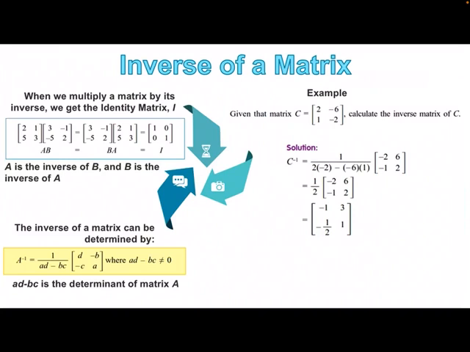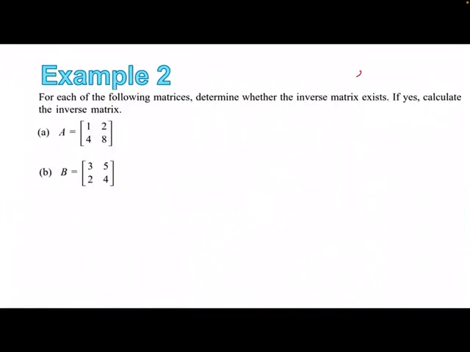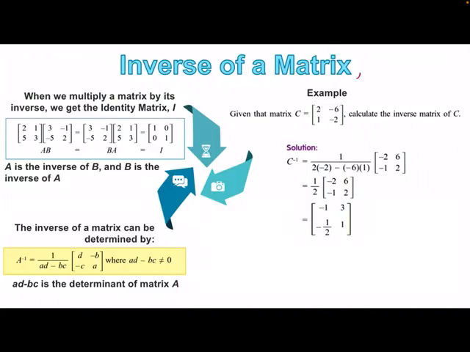Next, the inverse of a matrix can be determined by this formula, the one in the yellow box. The symbol for the inverse of a matrix is A inverse. Given that the matrix is matrix A, the inverse is A inverse.